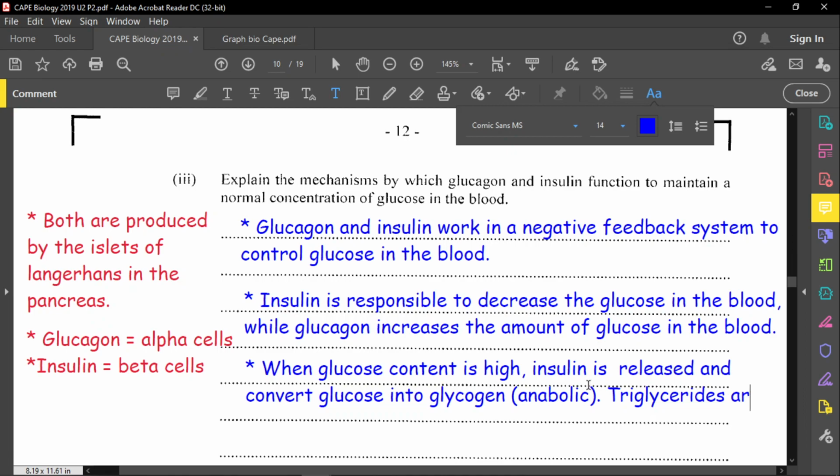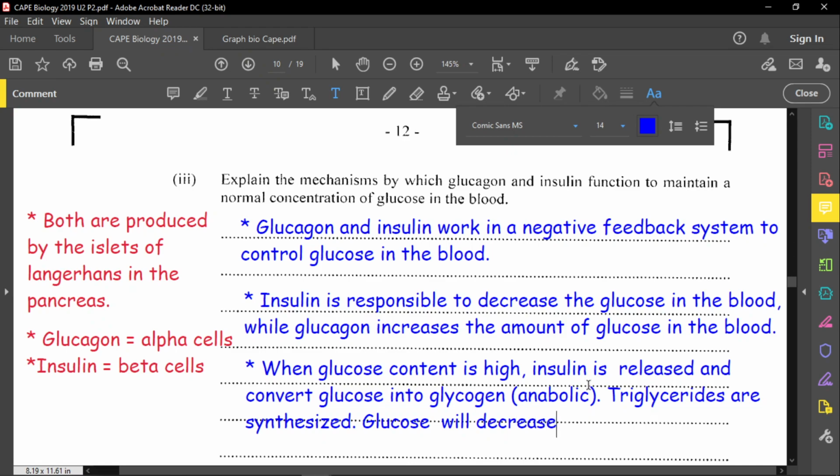So once glucose is converted to glycogen, and triglycerides are being synthesized, through all of this process, glucose will decrease.